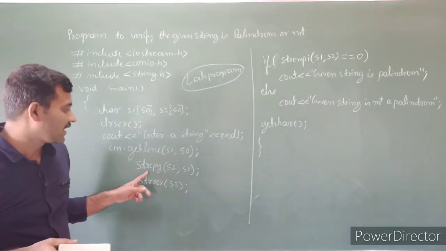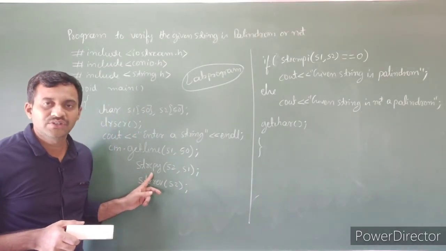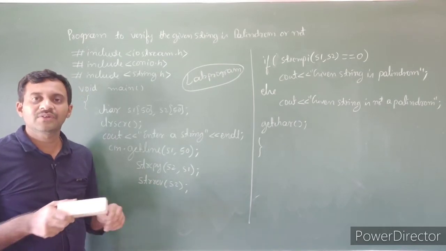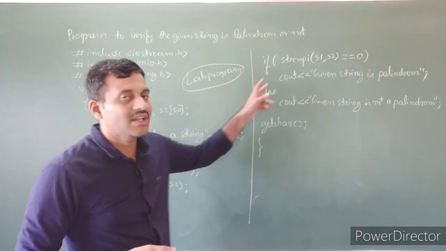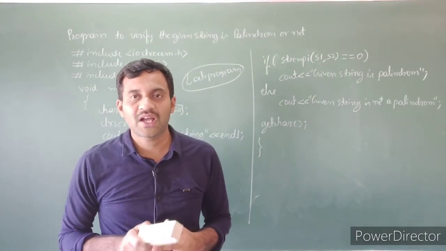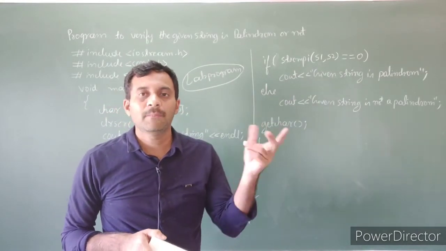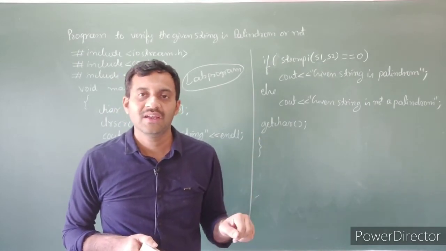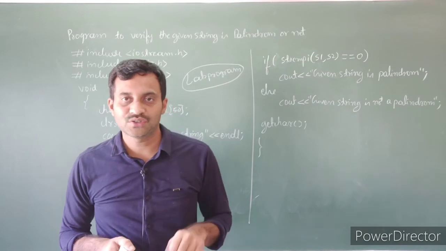One is strcpy, used to copy the string. strrev, used to reverse a string. Then strcmpi. Here it is better to use the strcmpi function to compare two strings, because strcmpi compares without case sensitivity.